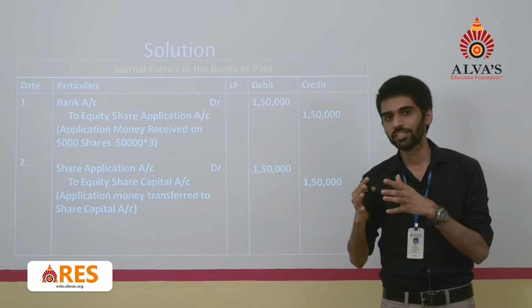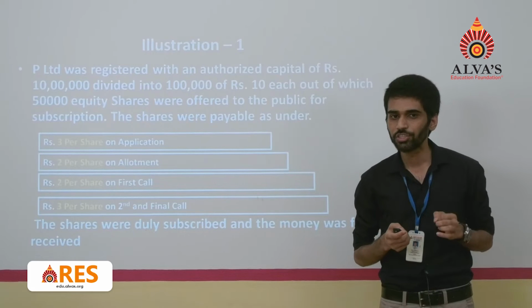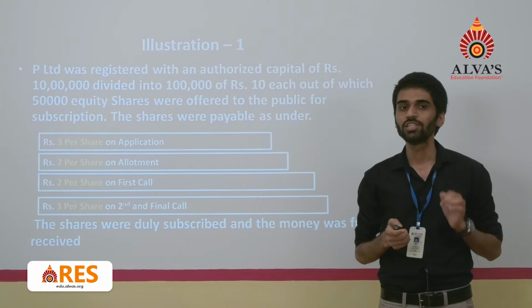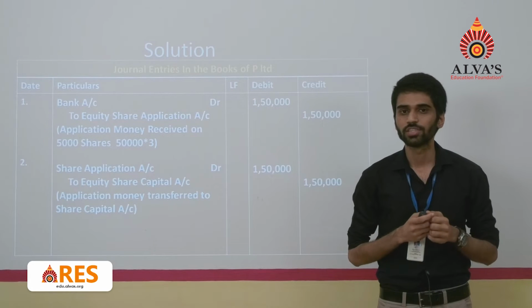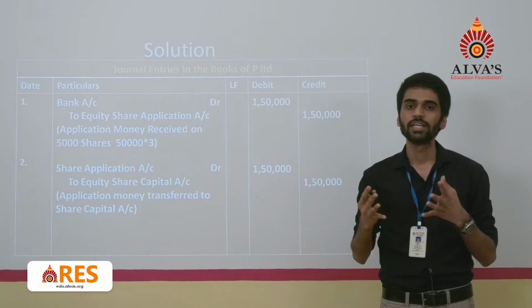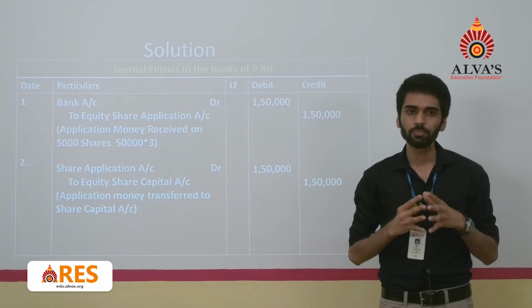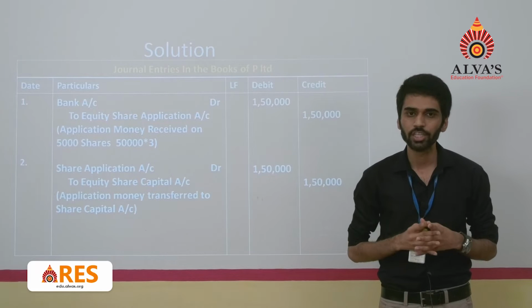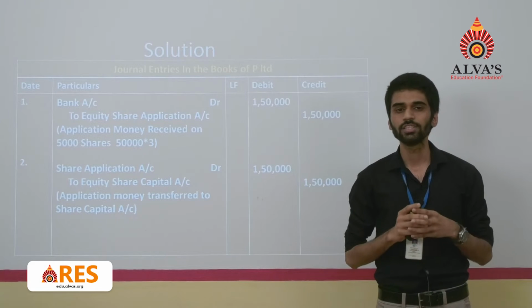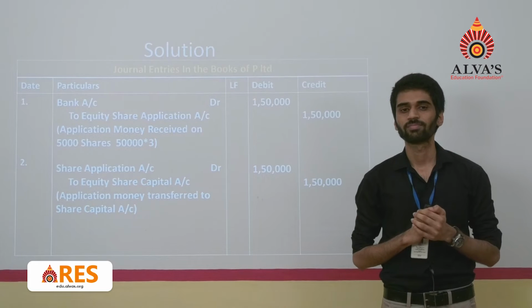So, bank account debtor to equity share application account, and on application you collect 3 per share on 50,000 shares. So, 50,000 shares into 3 is 1,50,000, the amount of application money collected. You pass the narration: application money received on 50,000 shares, that is 50,000 into 3.